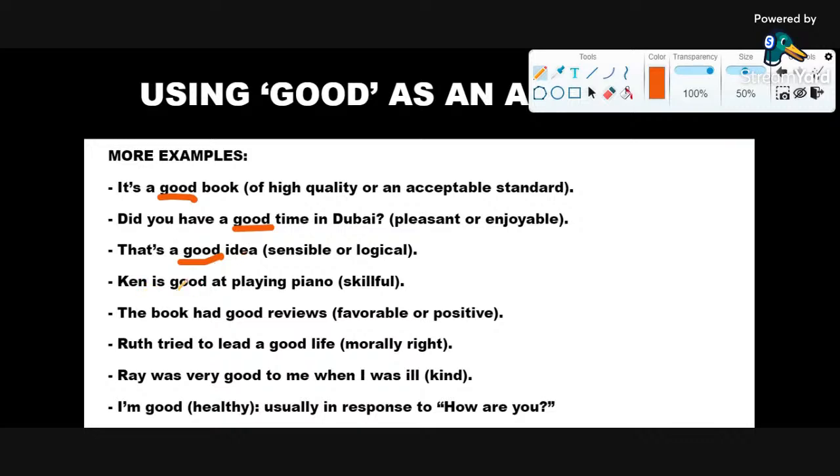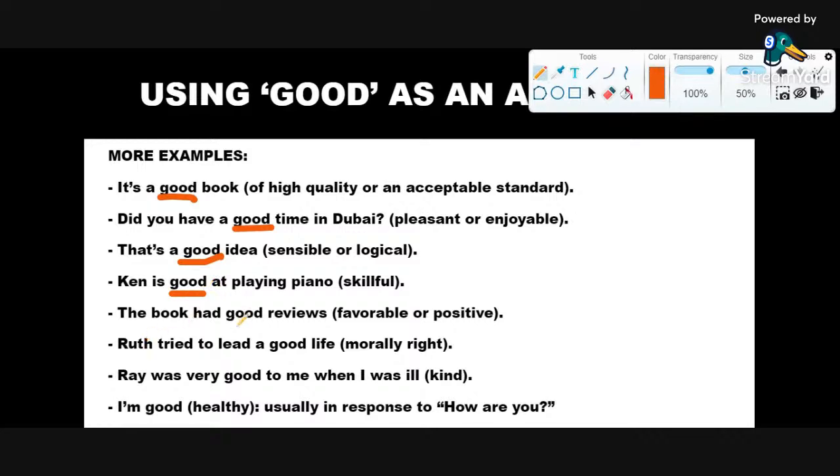Ken is good at playing piano. When you are good at doing something, it means you are skillful in doing it. So good here is describing your being able to do something, your ability, your skill. That's exactly what the word good is describing here.